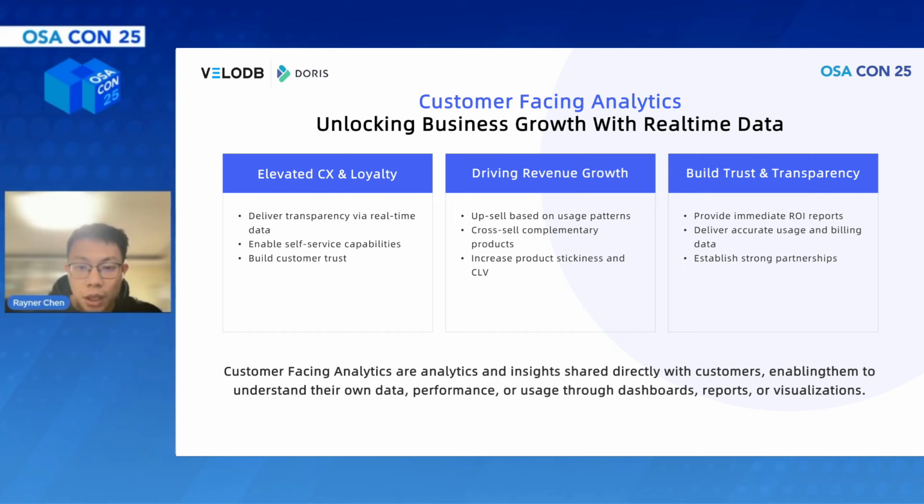This comes from things like upselling based on usage patterns, cross-selling complementary products, and increasing the overall product stickiness and customer lifetime value. And the third one is building trust and transparency. This is achieved by providing immediate ROI reports and accurate real-time usage and billing data, which establishes a strong partnership.